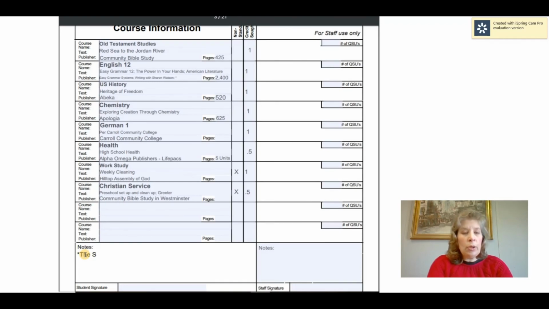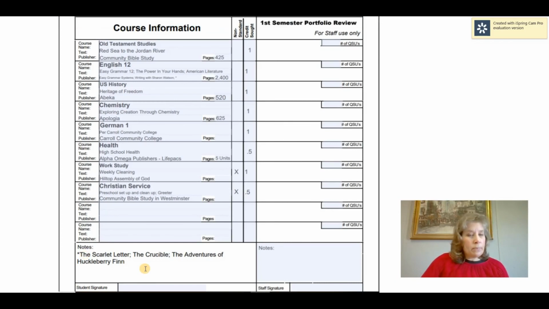So here I'm going to list the books that Joshua will be reading this year to correspond with his American literature component of English 12. For the sake of time, I'm not going to list everything, but I think you get the idea that if literature is not an anthology, that you do need to show the list of books your child will be reading that year.